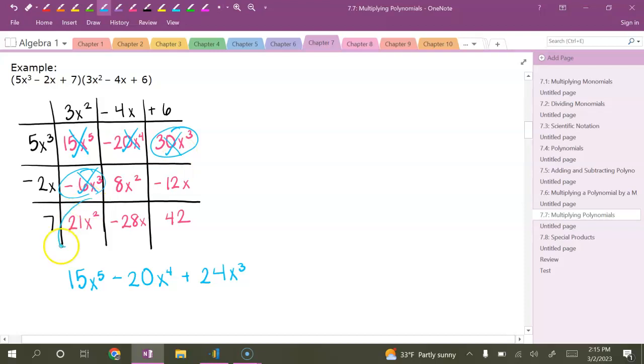For my x squareds, we're going to add those together, and that comes out to be 29x squared. My x's are diagonal now from each other, negative 28 and negative 12, which would be negative 40x. And then last is that 42. And there's your answer.